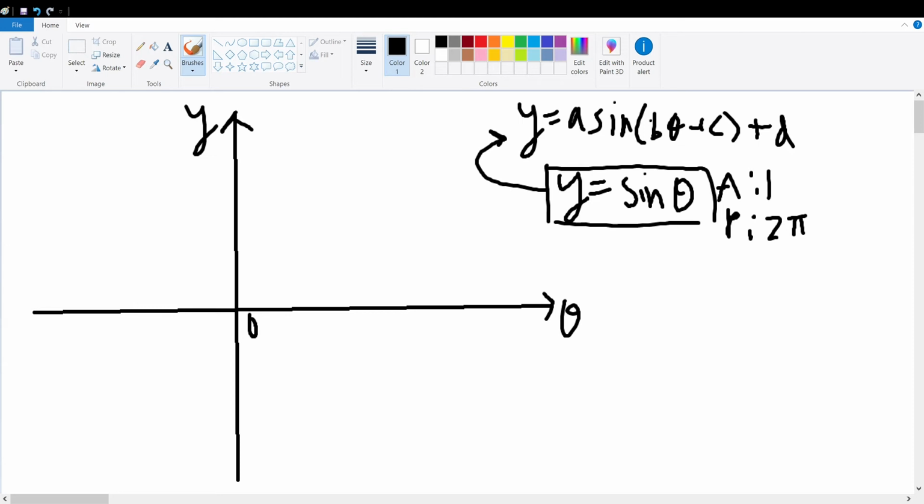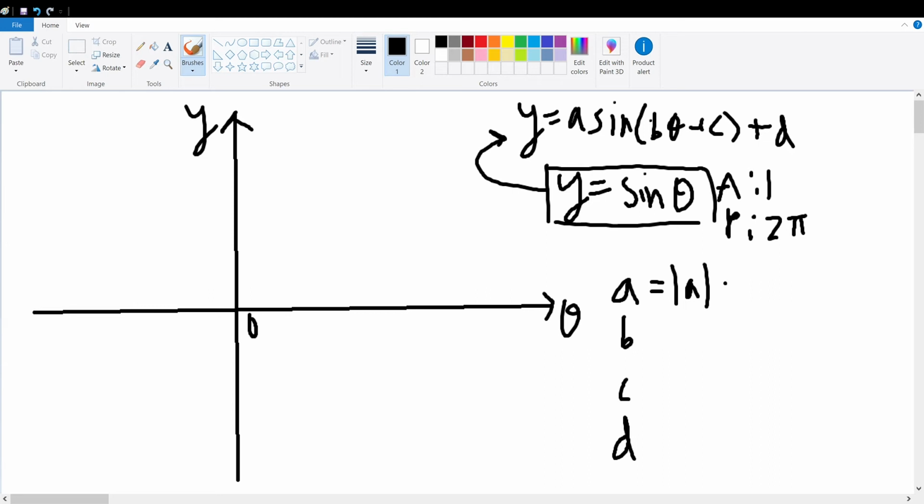That leads us to the coefficients a, b, c, and d. As a generalization, the absolute value of a, the coefficient of sine theta, will give us its amplitude.